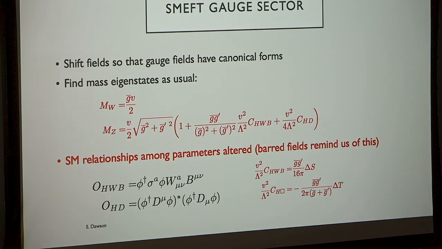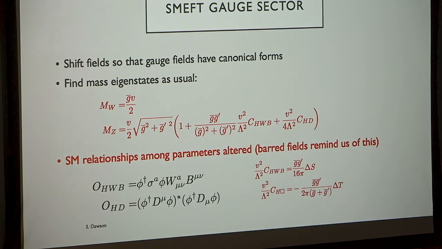So the extra operators that contribute to the W and Z mass are these guys here, which I've written O_HWB and O_HD. We've already seen O_HD is something that contributes to the kinetic energy, and HWB has derivatives in here. See, W_mu nu, B^mu nu. So when these phi's are both v's, you can see it gives a mixing between the SU(2) gauge bosons and the U(1) gauge bosons.